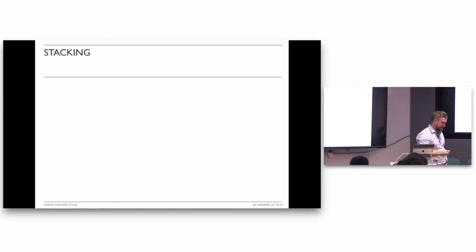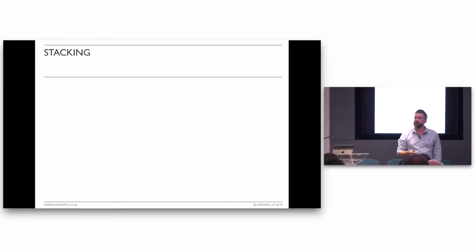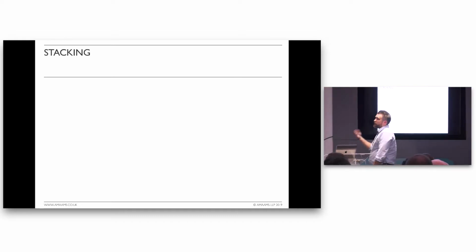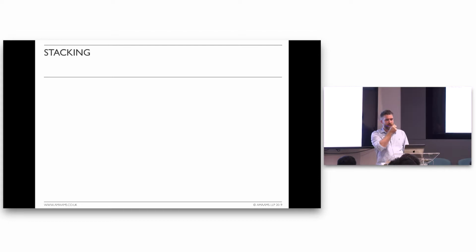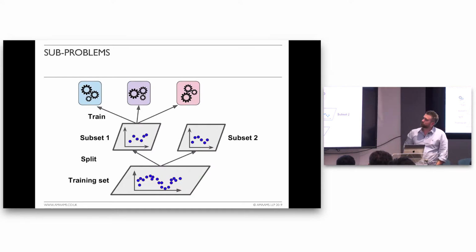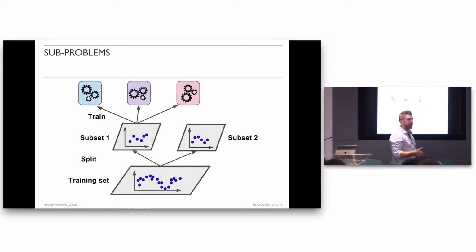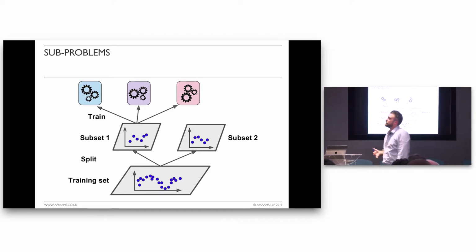Following that, the last thing I was going to talk about is stacking. Those ideas, boosting and bagging and gradient boosting, are how we manipulate the data space to iteratively produce a better algorithm. Stacking is almost going back to the idea of voting, which is how we get algorithms themselves to work a little bit better.